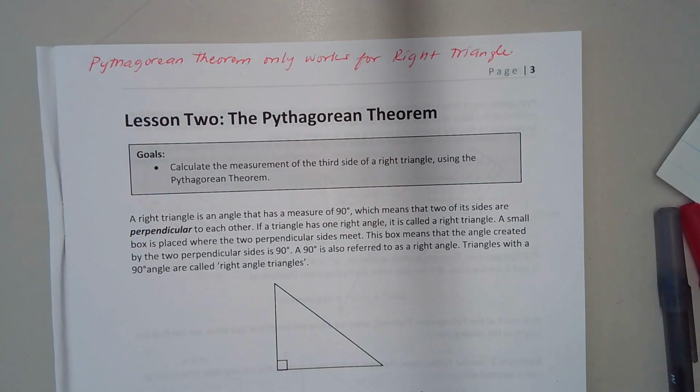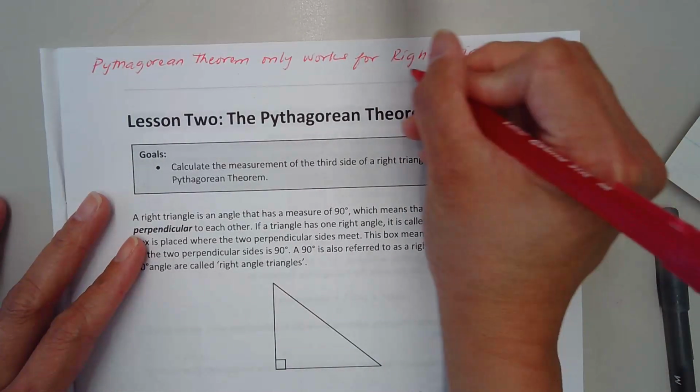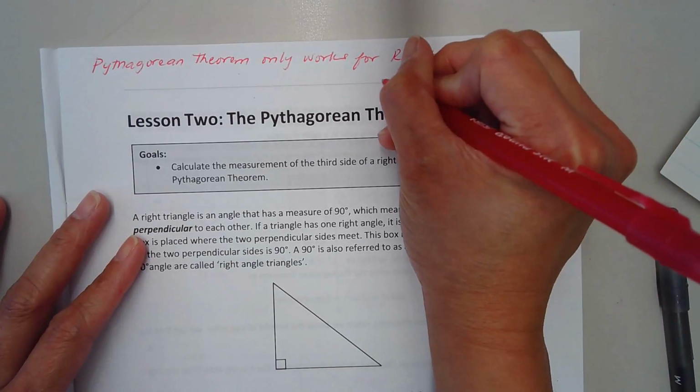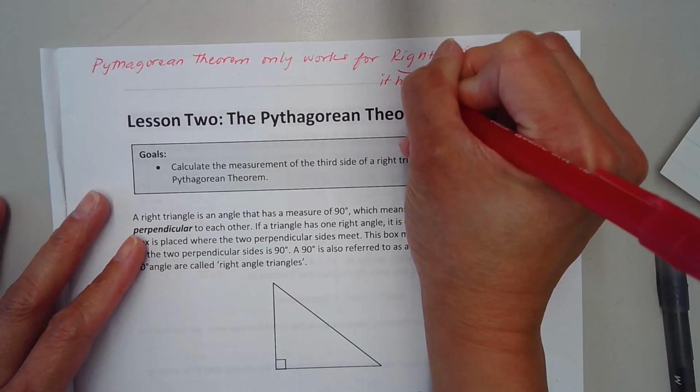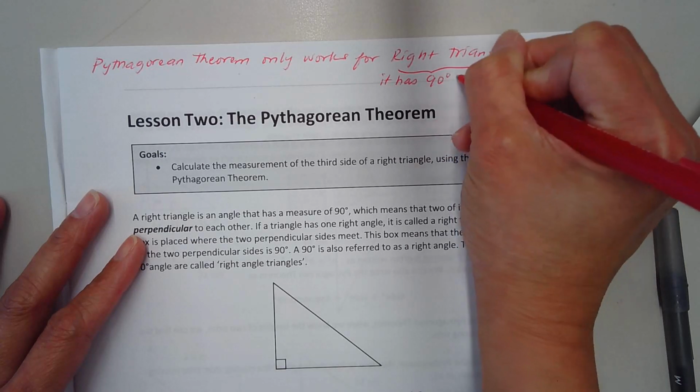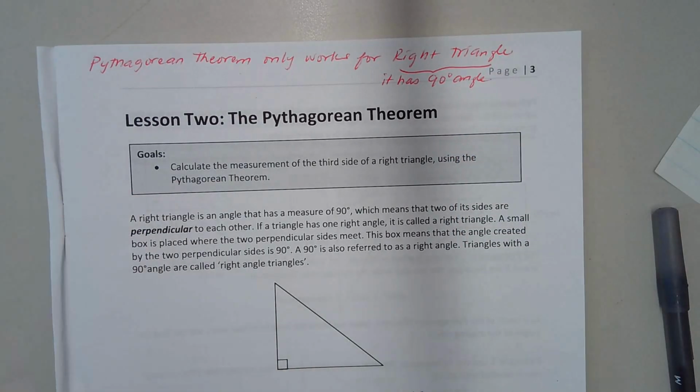What does it mean by right triangle? 90 degrees. Yeah, a right triangle means a triangle that has a 90-degree angle in it, right? It doesn't work for any other triangles that do not have a 90 degrees.